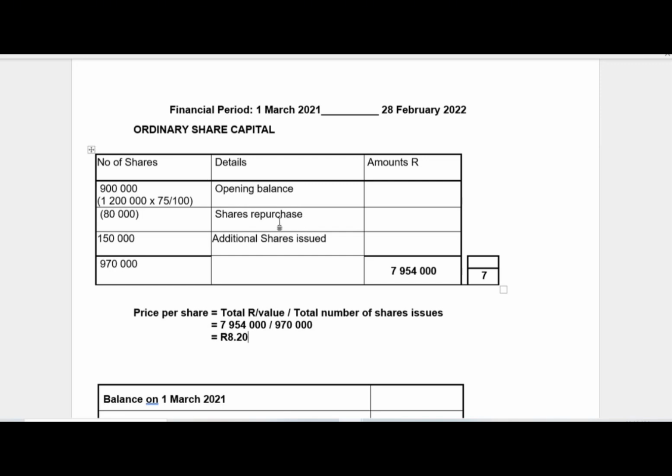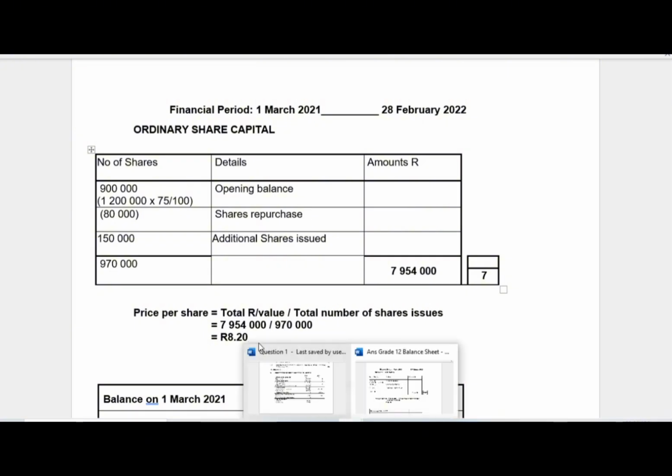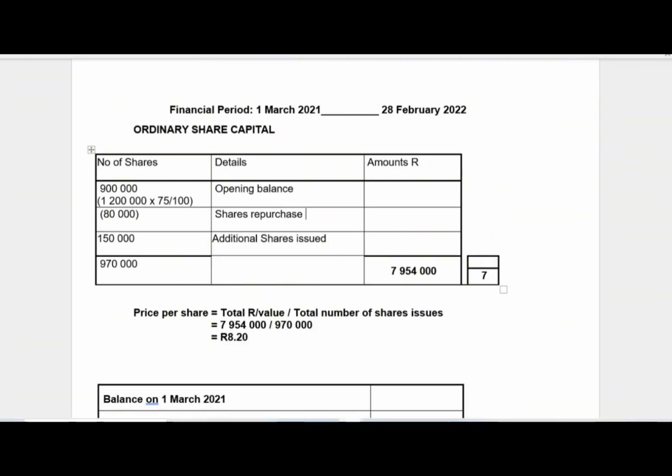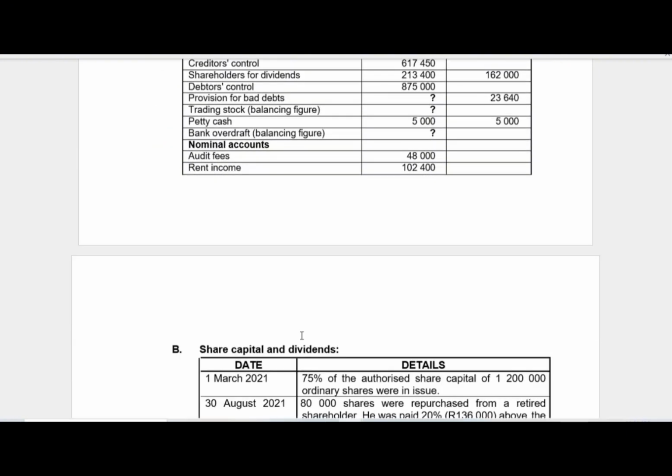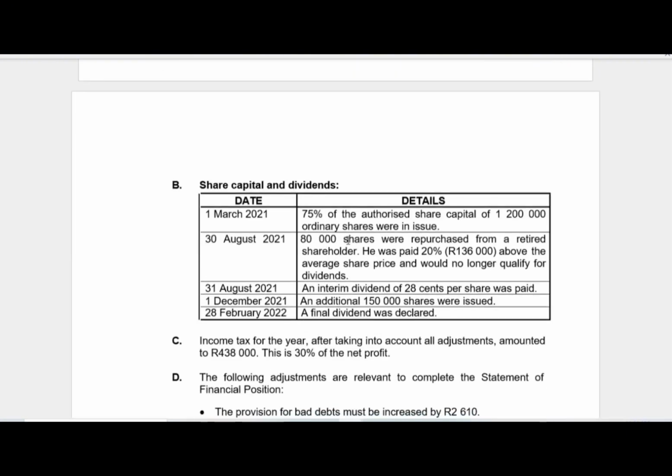Another thing that I'm gonna do is double check this amount if it's correct. Let's go to the additional information. They say 80,000 shares were repurchased from a retired shareholder. He was paid 136,000, which is 20%, not 100%.